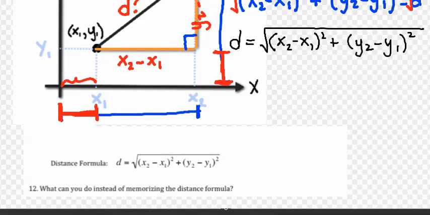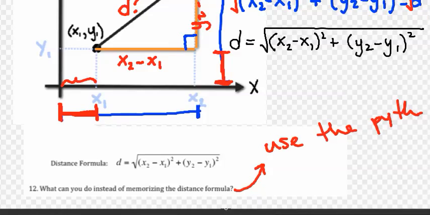Well, like I just said, use the Pythagorean theorem, because the distance formula is derived from the Pythagorean theorem. So therefore, it's a lot easier to use that Pythagorean theorem and cut it down to its basics rather than using a distance formula.